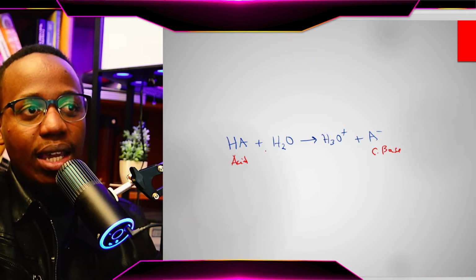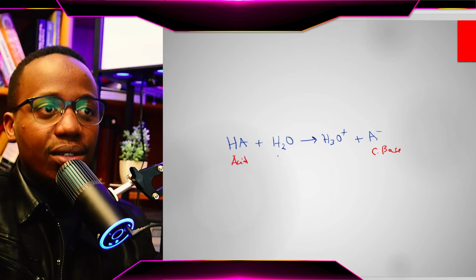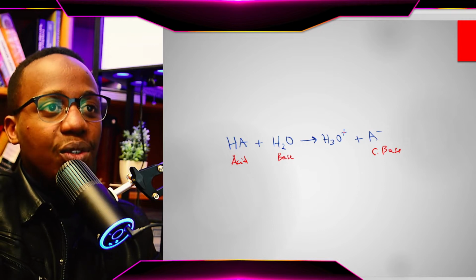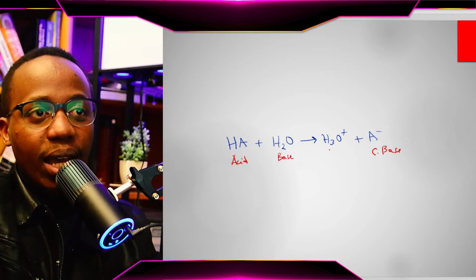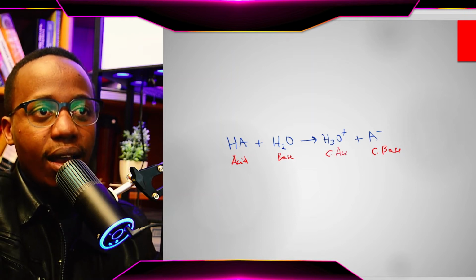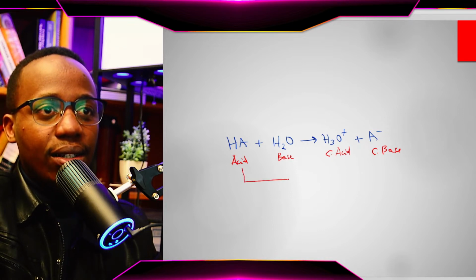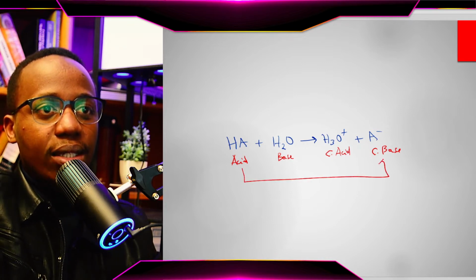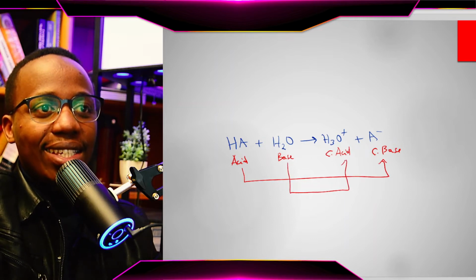And H2O here, we already established that it acts as a base. Why? Because it accepts a hydrogen ion from the acid. So it acts as a base. But after it has received H plus, forming H3O plus, it's no longer a base. It's an acid. So it's a conjugate acid, right? So the acid will become a conjugate base, and then the base becomes a conjugate acid.